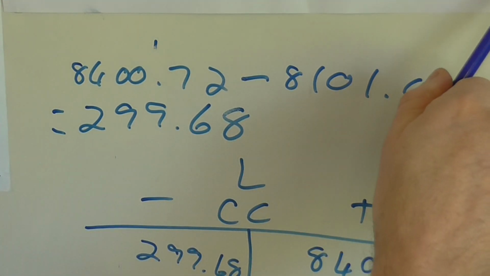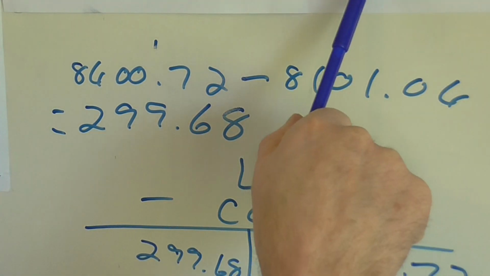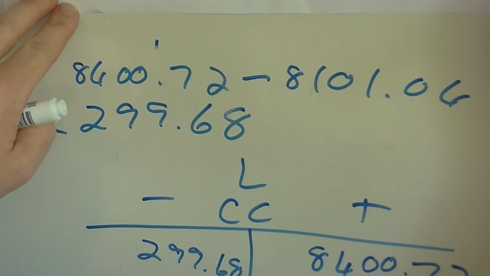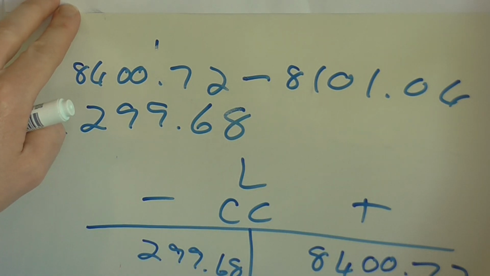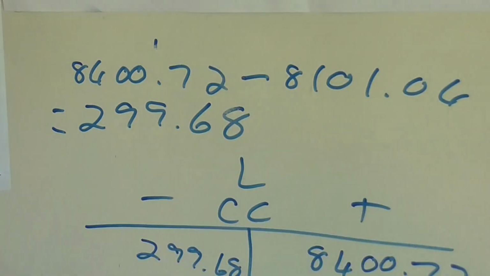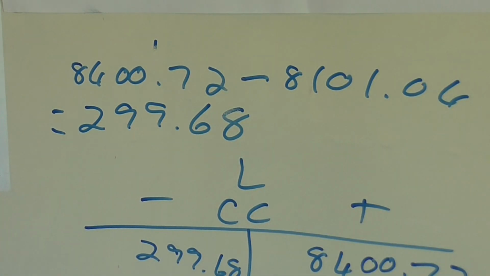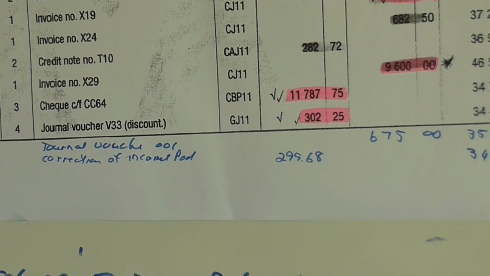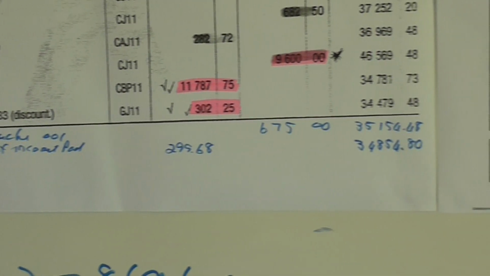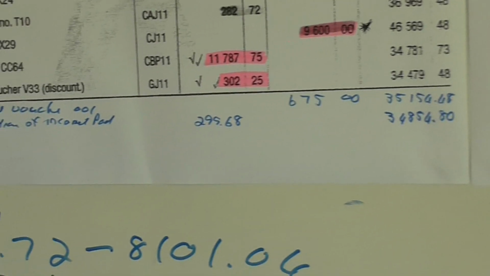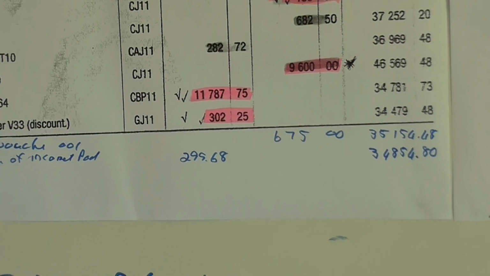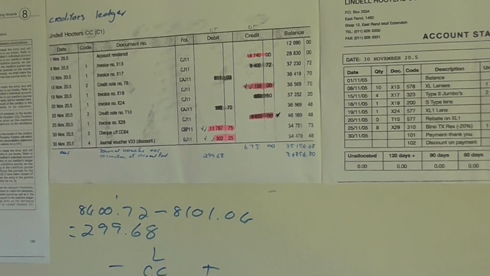299.68. So it's 35154.48 minus 299.68, and that'll give you 34854.80. Okay, let me just show you that. There. Correction 299.68, 34854.80. Okay. So we fix that now.